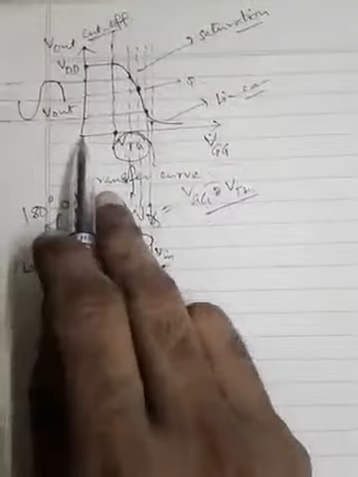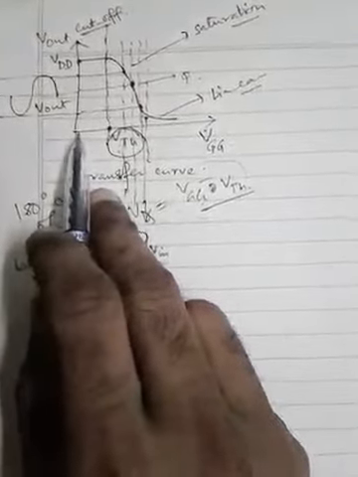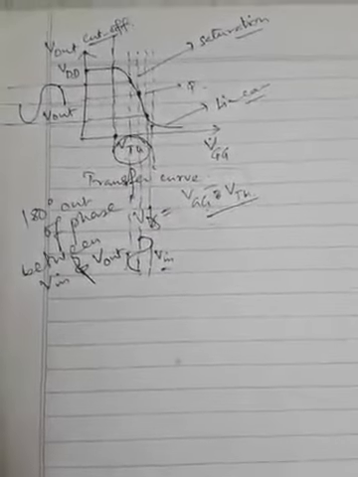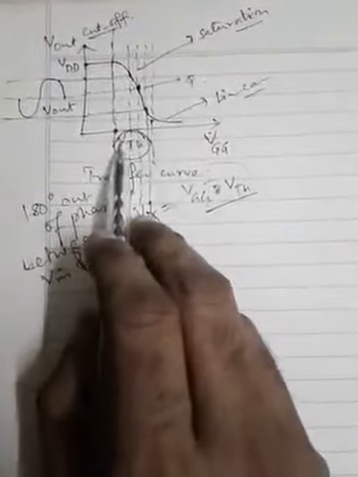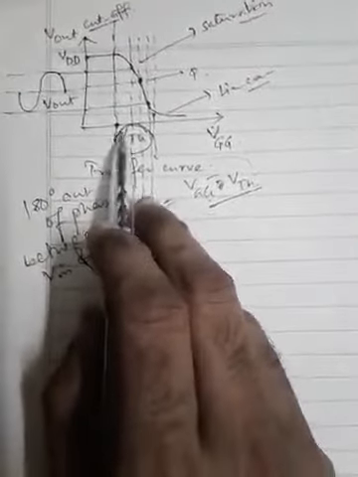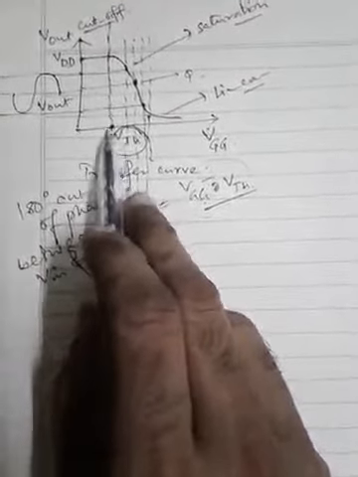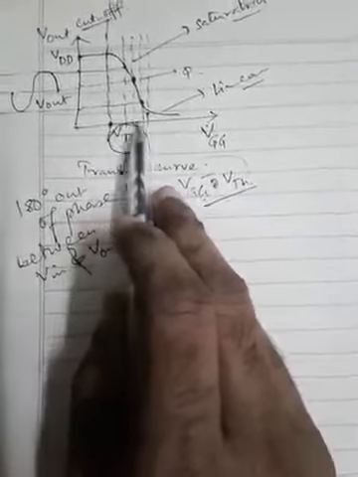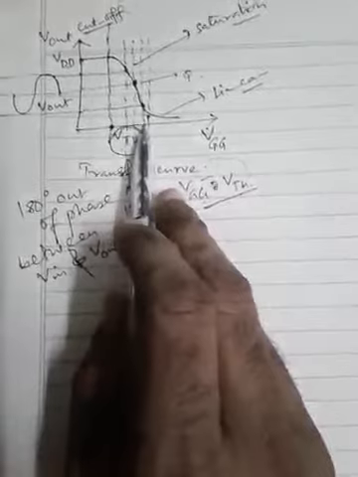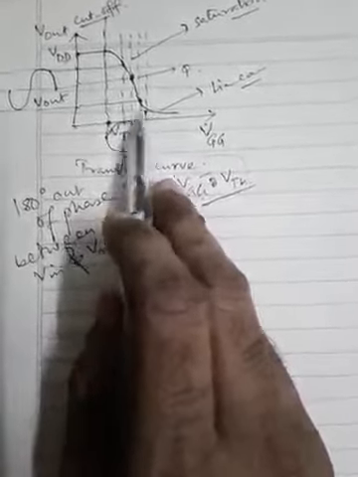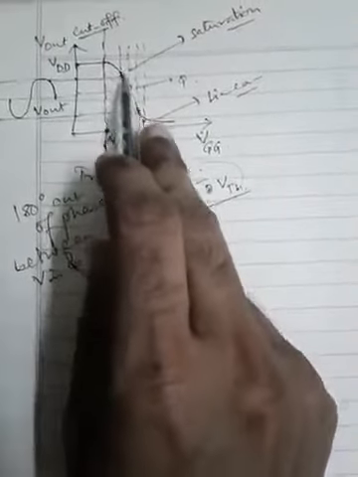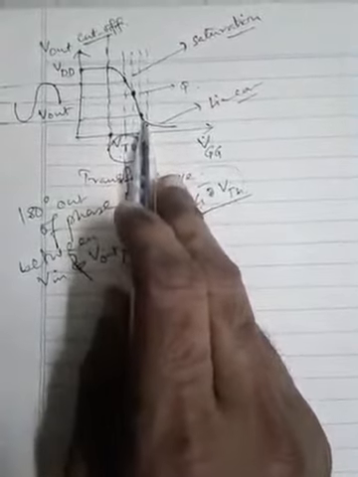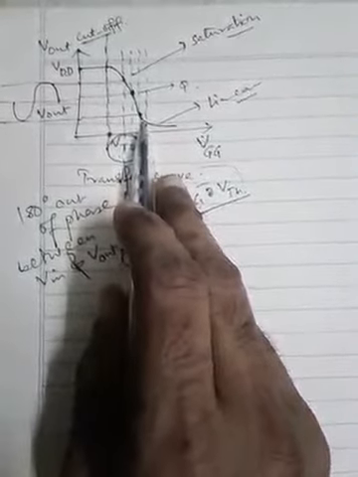So in the transfer characteristics, we can see there are three regions. The MOSFET is initially working in the cutoff region till the time the threshold voltage is applied between gate and source. And once that voltage is applied, the device starts working within the saturation region, and in that region the transfer characteristic curve will be sharply falling with a steep slope.